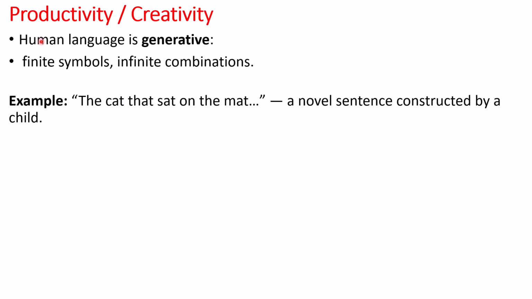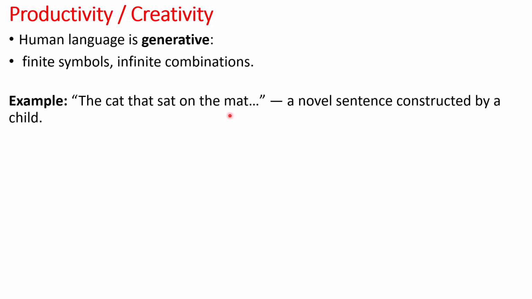The third characteristic of human communication, creativity or productivity. Humans can create an infinite number of sentences and ideas using a finite set of symbols and rules, that is, grammar. So human language is generative. This is known as the generative aspect of language. For example, a child can learn to say the cat that sat on the mat.